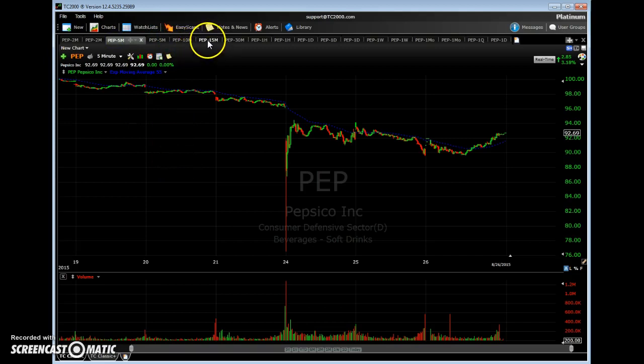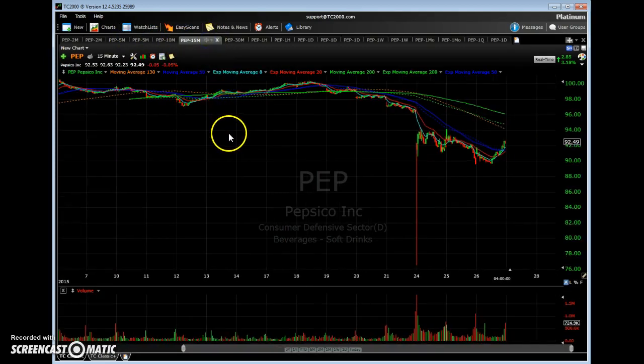The next chart that I keep up is the 15-minute chart, and on that chart I keep a 130 SMA, which is the orange dotted line, a 50 moving average, an 8 EMA, 20 EMA, 200 SMA, 200 EMA, and 50 EMA.